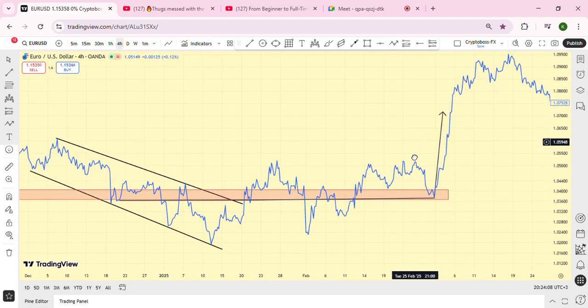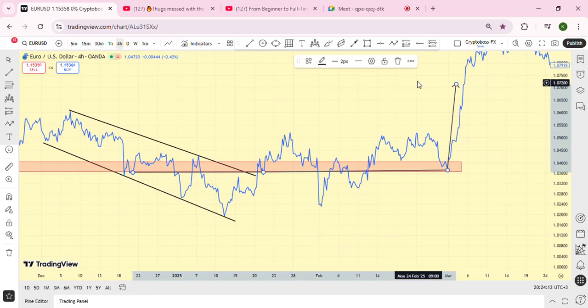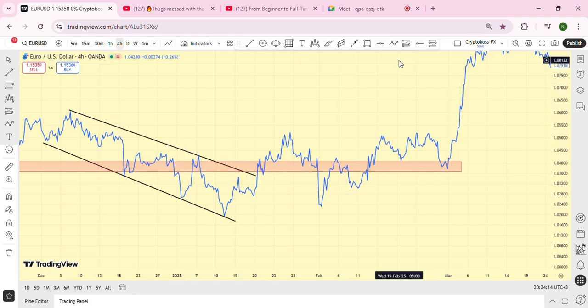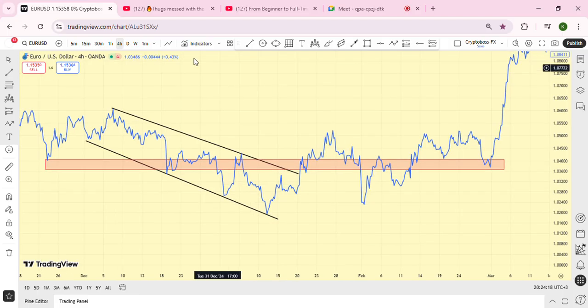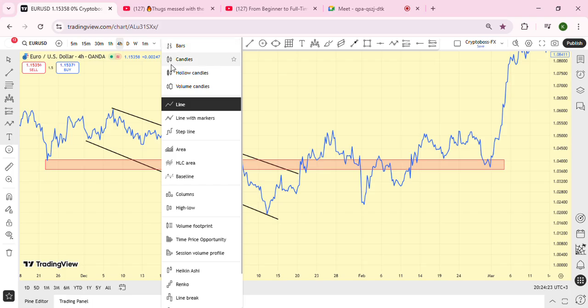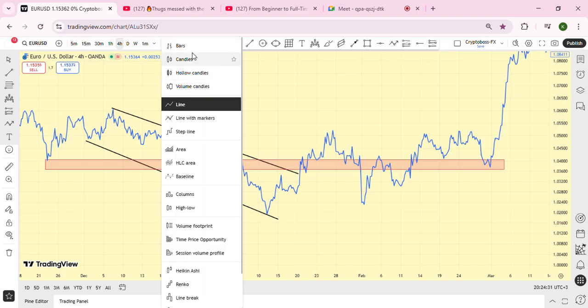You can see. By the way, while doing your analysis, using a line graph is normally more accurate compared to when the chart is in candlesticks. Now, let me turn the chart back to line graph and see the analysis we have done here, how the market looks.